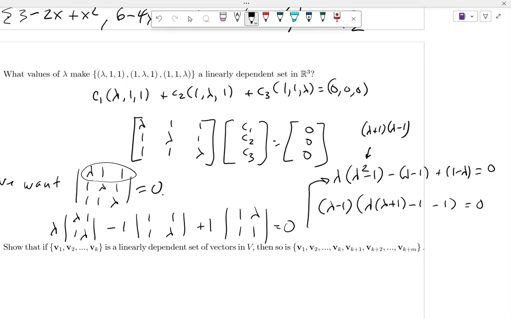Yeah. Like I said, this is a little bit clever. I'm nothing if not clever. If you simplify it, this is lambda squared plus lambda minus 2. So that also factors as lambda plus 2 and a lambda minus 1, it looks like. So what values of lambda make it 0? 1 and negative 2. Good.